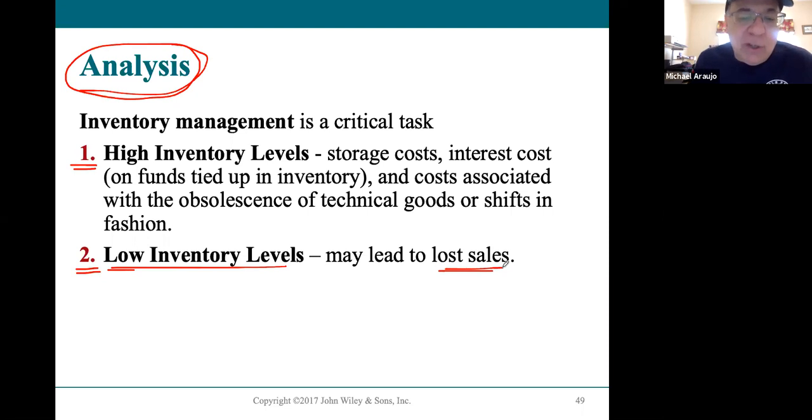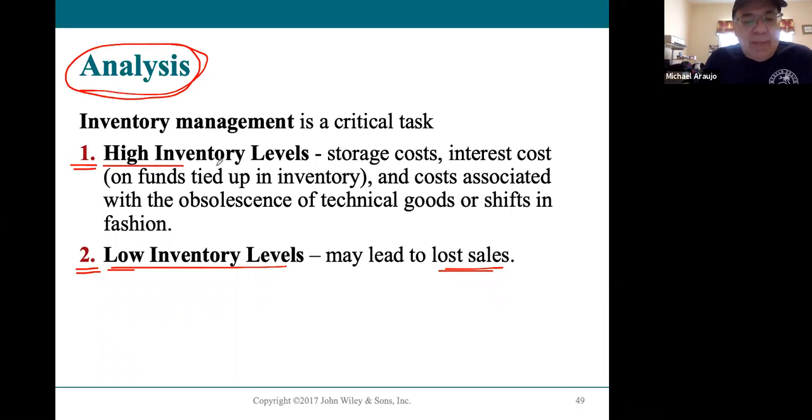And of course, that's going to lead to lost revenue. If you have lost revenue, you also have lost profit, because remember, revenue has all of the expenses in it plus money left over for profit. So if you're not selling any inventory because you don't have any inventory, you're losing revenue, you're losing profit.